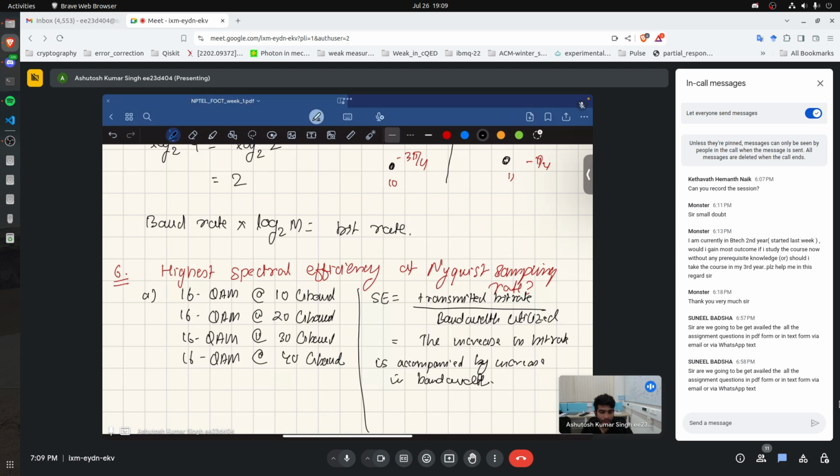Whenever there is an increase in bit rate, because my modulation pattern is the same, I am using more bandwidth. So their ratio is constant. Hence, the answer is all have the same spectral efficiency.